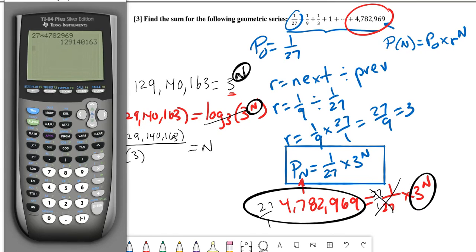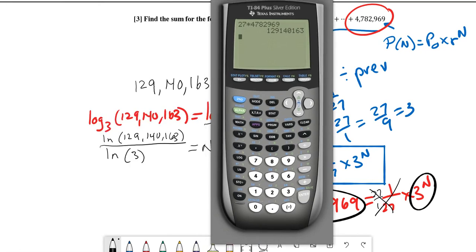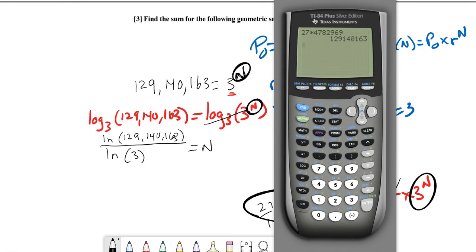So we go back to our calculator. ln of 129,140,163. Divide that by ln of 3. Hit enter, and it tells us n is 17.